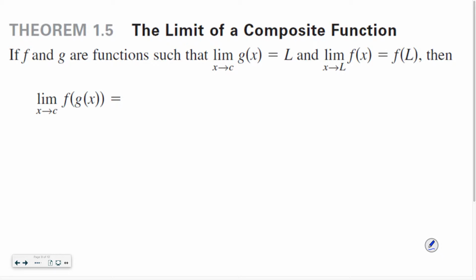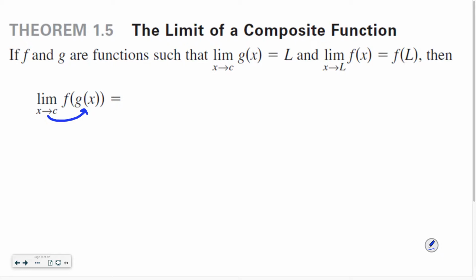If you plug in a number and you put it in G and you take the answer and put that in there. Okay, so we go to the inside first. We go to the inside first, plug in x, and your answer goes to the outside, right? So what I want you to do is first you're going to evaluate the limit as x approaches c of g, and that's going to give you a value.